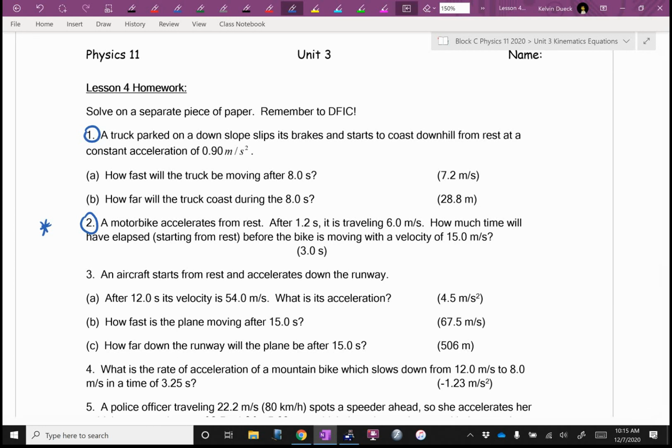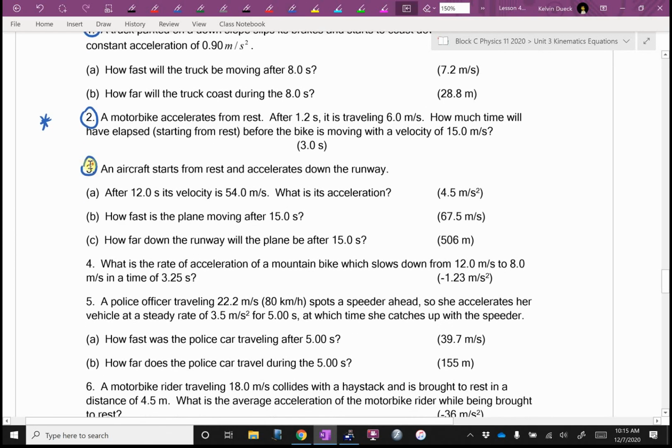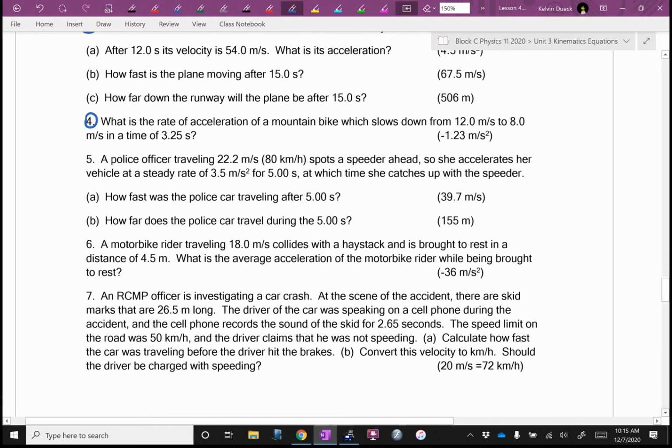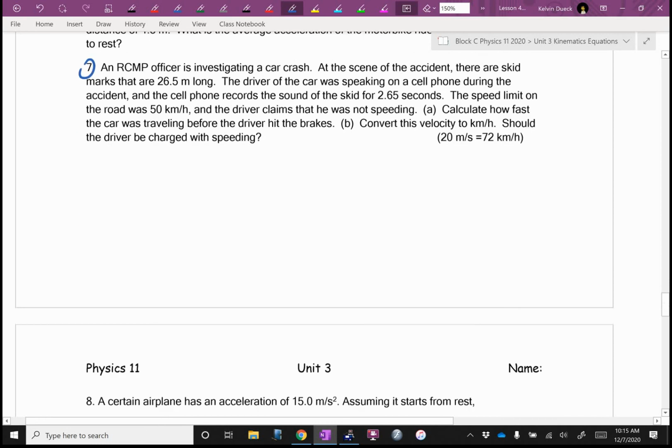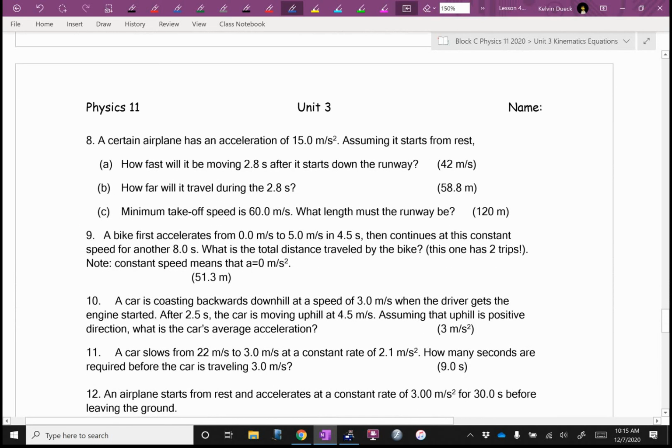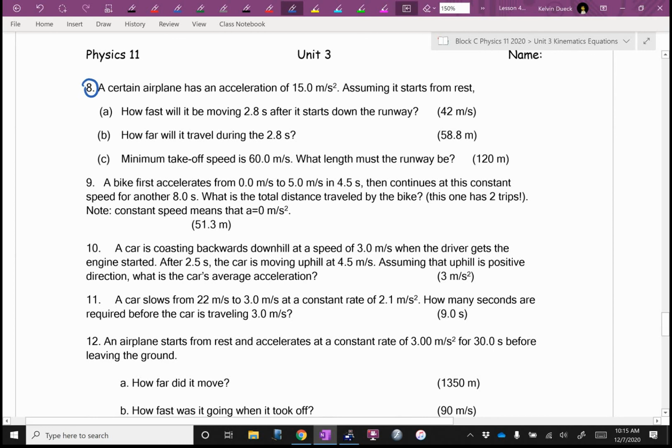I haven't done one like that with you. 3 is good. 4 is good. 5 is good. 6 is good. 7 is good. 8 is good. 9 I haven't talked about yet either. See if you can figure it out.